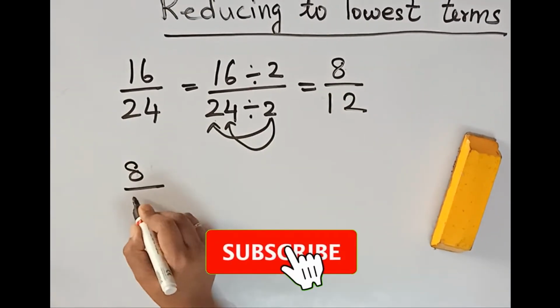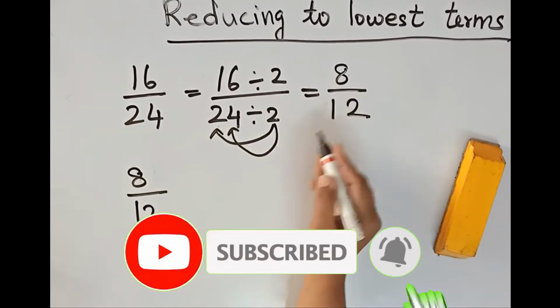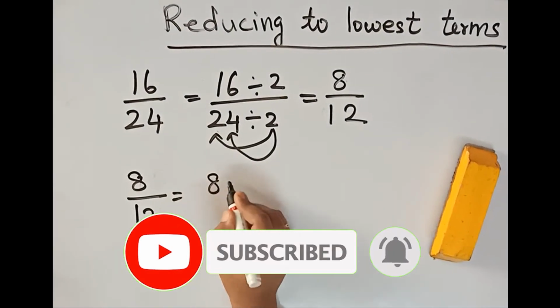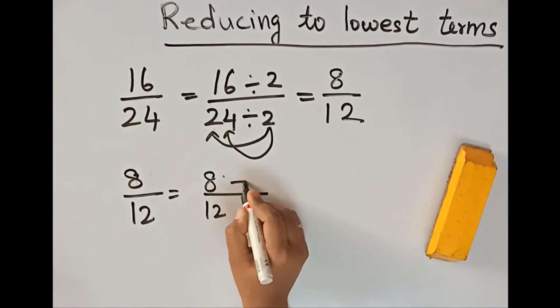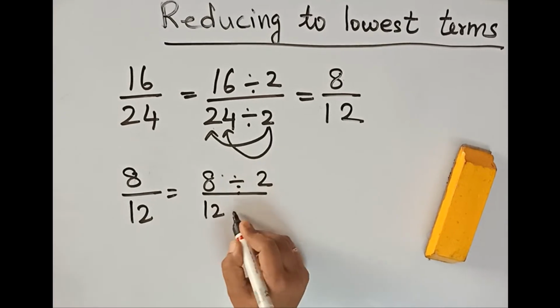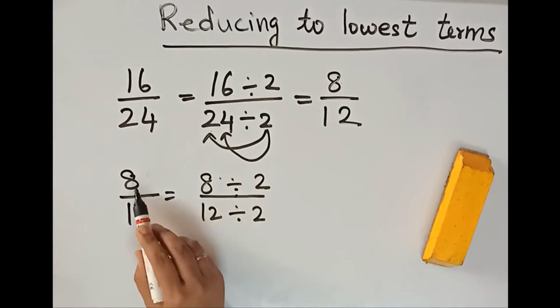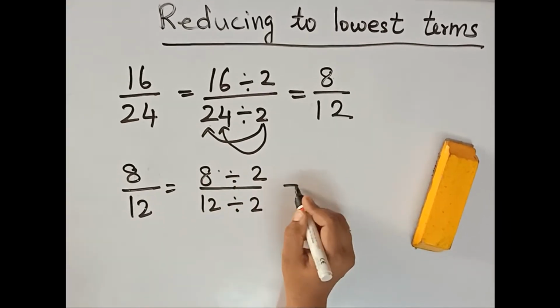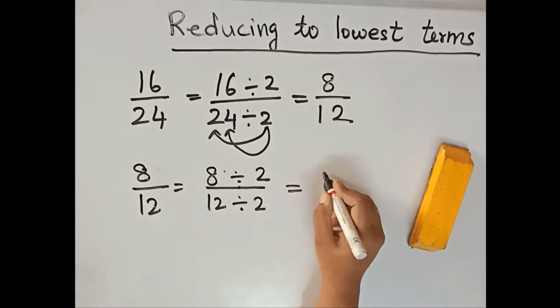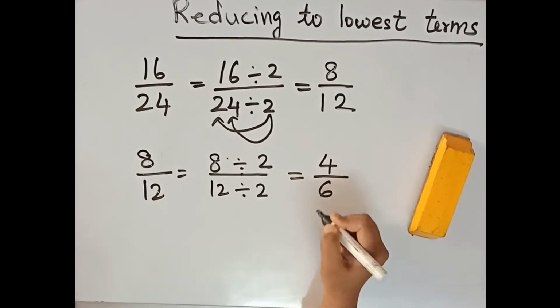Again we write 8 by 12 because we can do it further. So 8 by 12, again we are going to divide by 2 because of the unit places 8 and 2. So 2 4s are 8, 2 6s are 12.